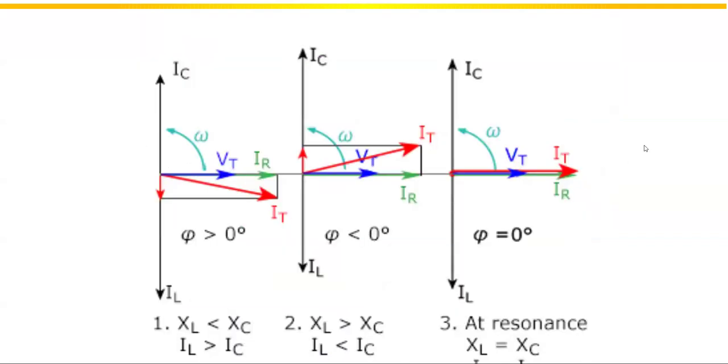This is the only real example I could find of phasors where they're showing the phase relationships or vectors between the real current and the reactive current or total current, where in this case it's capacitive, in this case it's inductive, in this case it's resonant, so you don't have any reactive current, it's all real current.